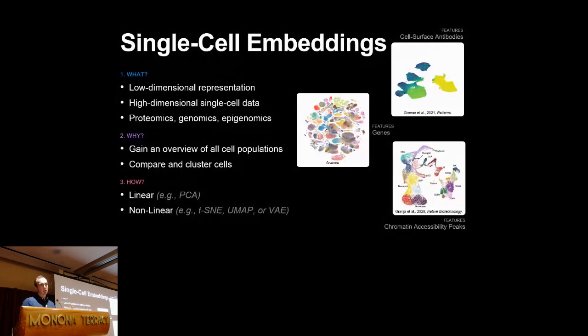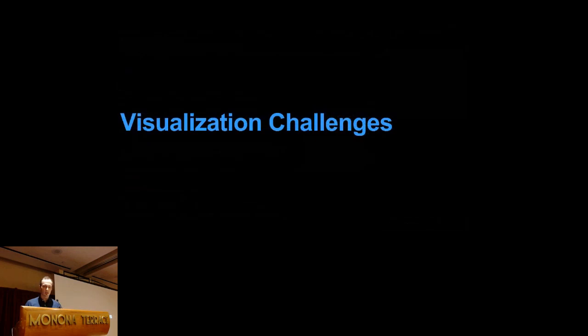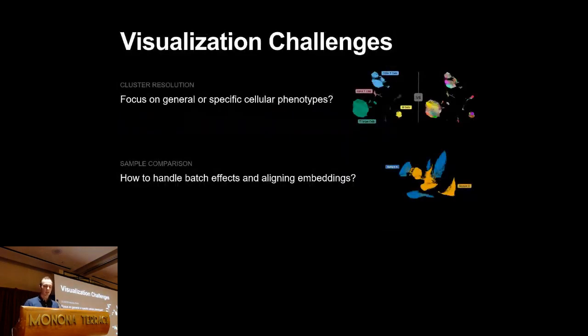And while these visualizations provide great opportunities for exploration, there are still challenges revolving around specific or rare cell populations, as well as batch effects. For instance, are we interested in just looking at broad patterns that reveal general cell phenotypes, or do we want to be able to visually differentiate more specific cell phenotypes found by our clustering approach?